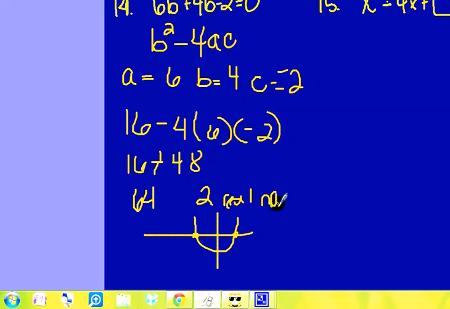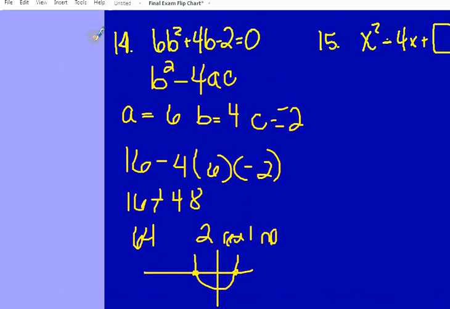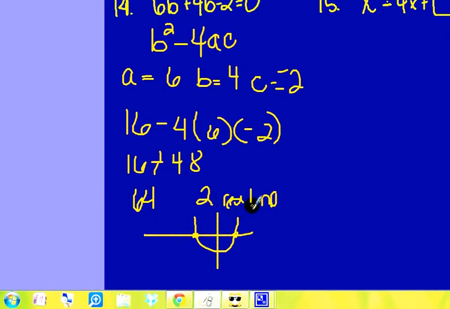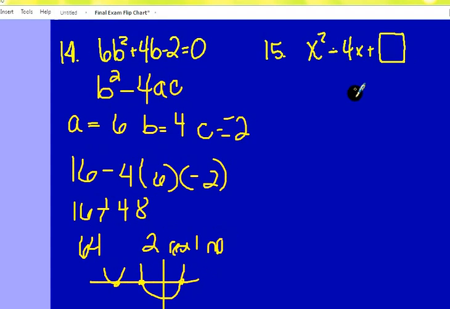They're actually rational because 64 is a perfect square, but for the purposes that we're using today, we're just going to leave it two reals. If that came out a negative, it'd be two imaginaries. If it came out 0, there'd only be one real because the 0 would be touching just one time at the x-axis. Okay, let's move on.